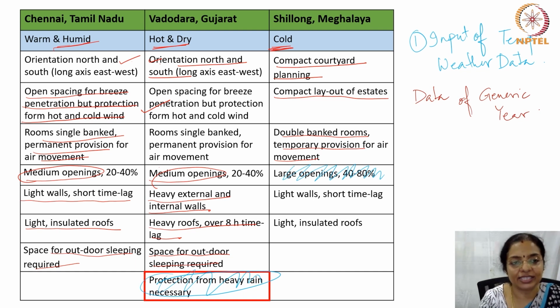So today we saw a very simple tool for which you do not require any major skill other than just entering the data and following the instructions that is given to you to arrive at decisions, and you will get all the thumb rules for simple passive techniques.